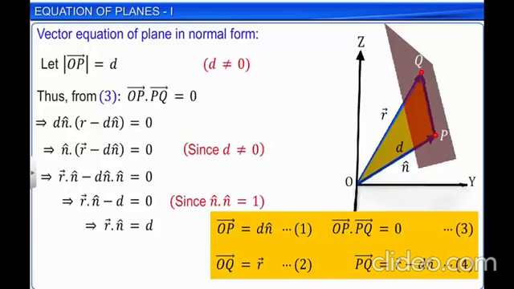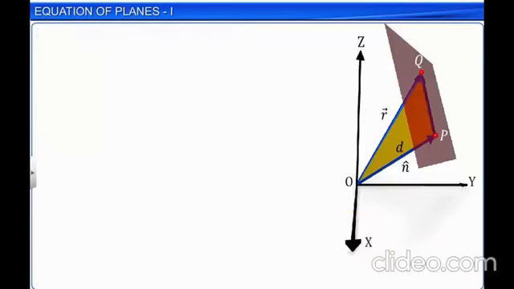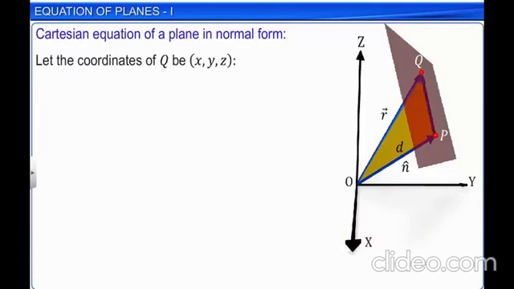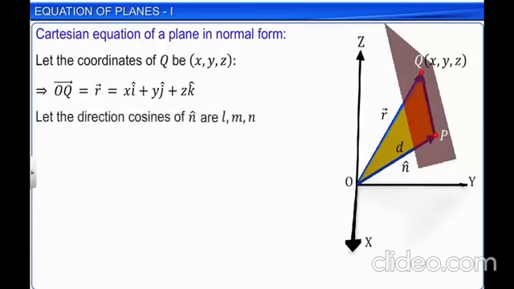Let us now derive the normal form of the Cartesian equation of a plane. Let the coordinates of point Q be x, y, and z. Thus the position vector of point Q can be written in its component form as shown. Also, if l, m, and n are the direction cosines of unit vector n normal to the plane, then unit vector n can be written in its component form as shown.